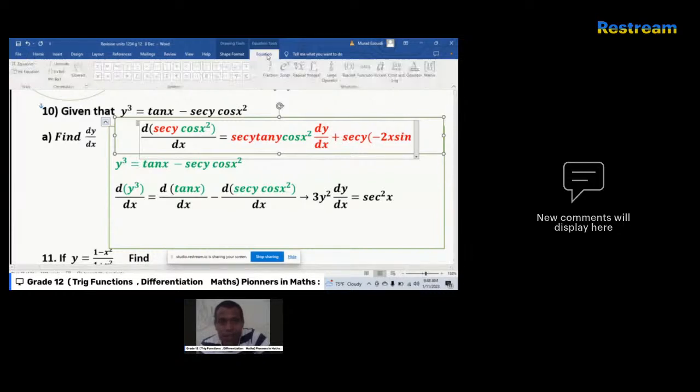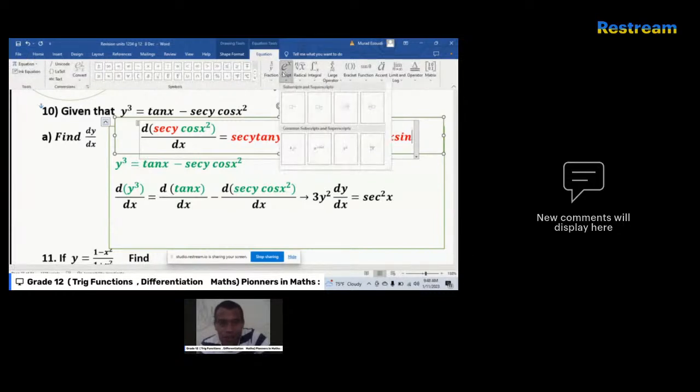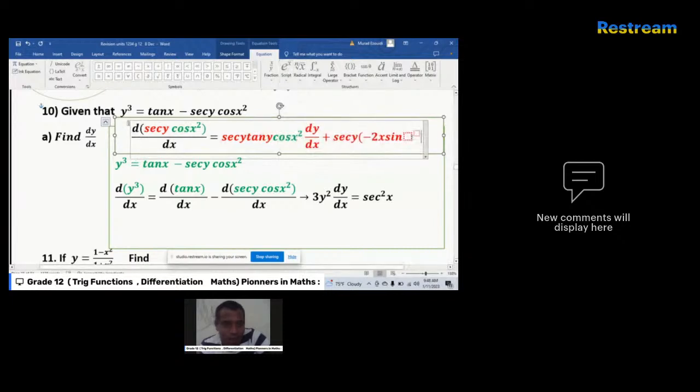Now, learners, you can see that I close the parentheses now. Of course, the first derivative of cosine is minus sine. The first derivative of x square is 2x.